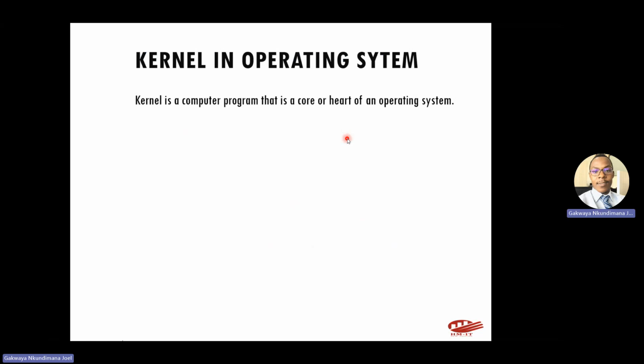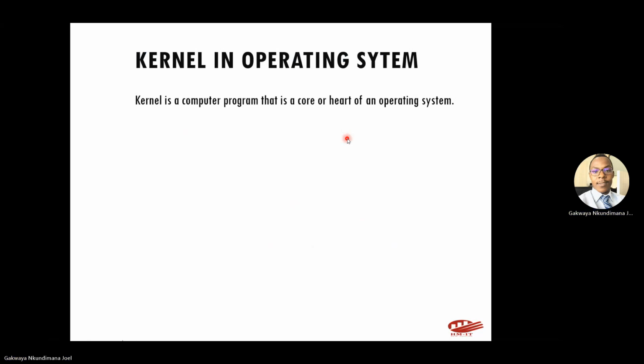I have never forgotten it. Even if you wake me up in the middle of the night, what is a kernel? It is the heart of the operating system. That's all. If the operating system is a body, then the kernel is the heart.